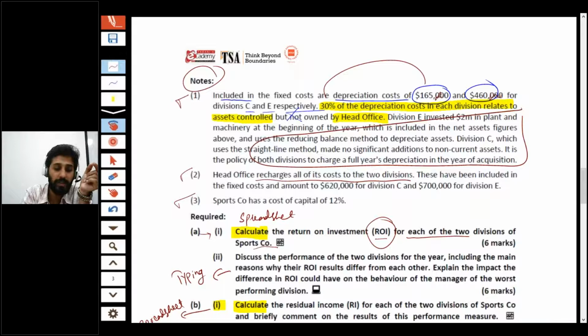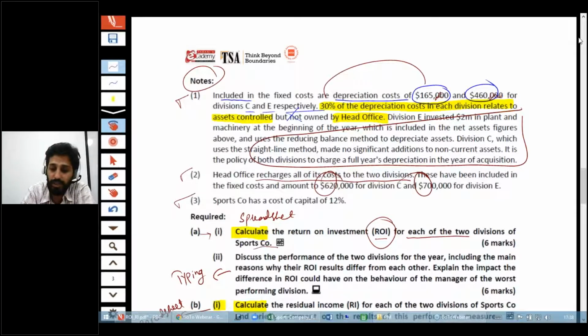So see that this 620 and 700 are those costs which head office is recharging to the divisions. Now these costs are under the control of the head office, not under the control of the management of the division. So that cost should not be considered while arriving at the profit figure, right?